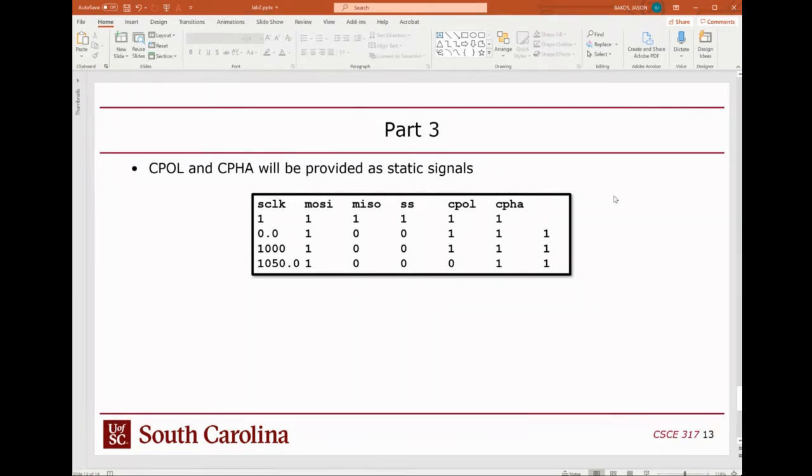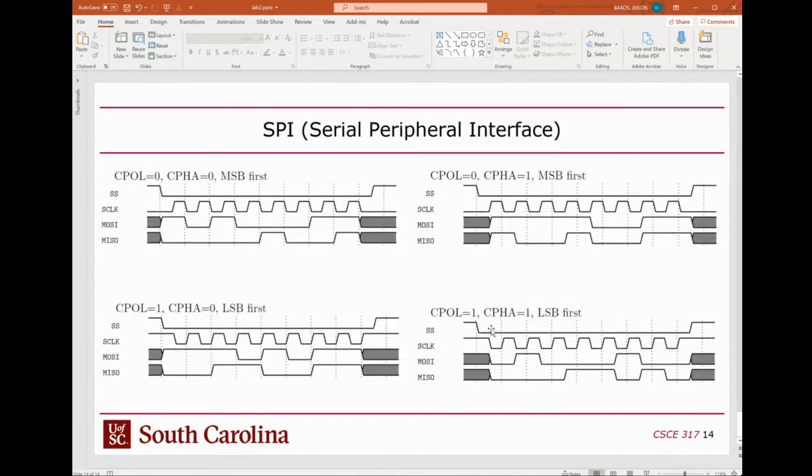So that would imply that the time at which you read the bits has to be updated. So that is all. And just to refresh everyone's memory, CPOL is the default value of the clock, and CPHA is when the data changes relative to the clock.